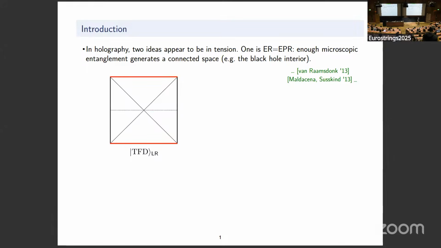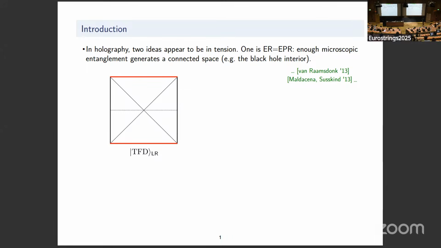Let me start by giving you a broad motivation for why we are interested in this kind of problem. In AdS/CFT and in general in holography, there are two ideas that have appeared over the last decade or so, which appear to be in tension. One is famously known as ER equals EPR, and I'm sure all of you have heard this slogan before.